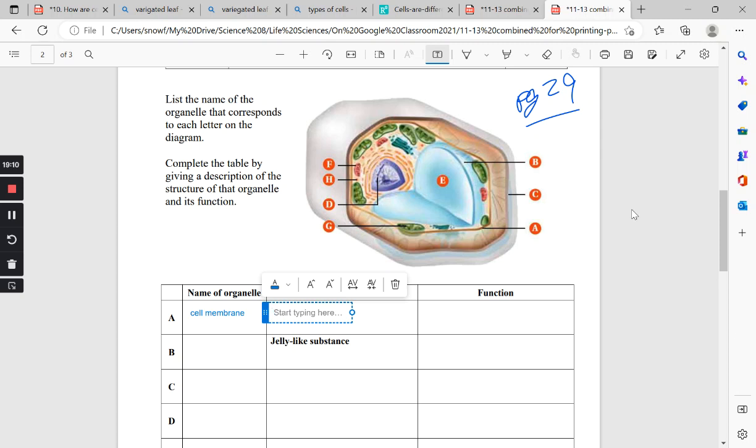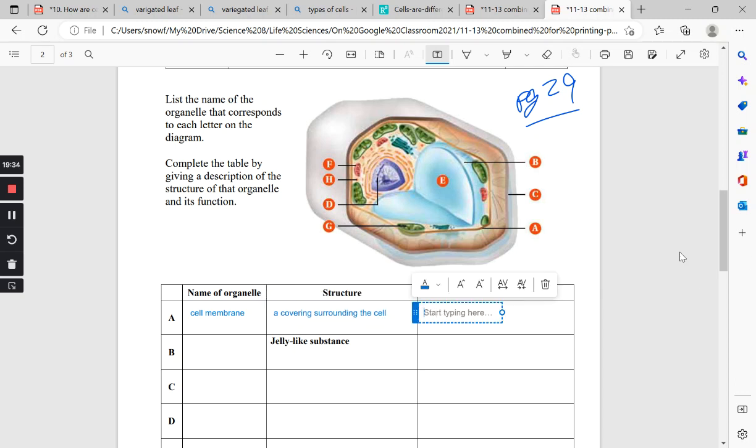Let's see if we can try to separate this blurb into its structure, like what that organelle is like, and its function, what it does. So this cell membrane is like a covering surrounding the cell. And its function, well, what does this covering do? It protects the cell and lets things in or out.